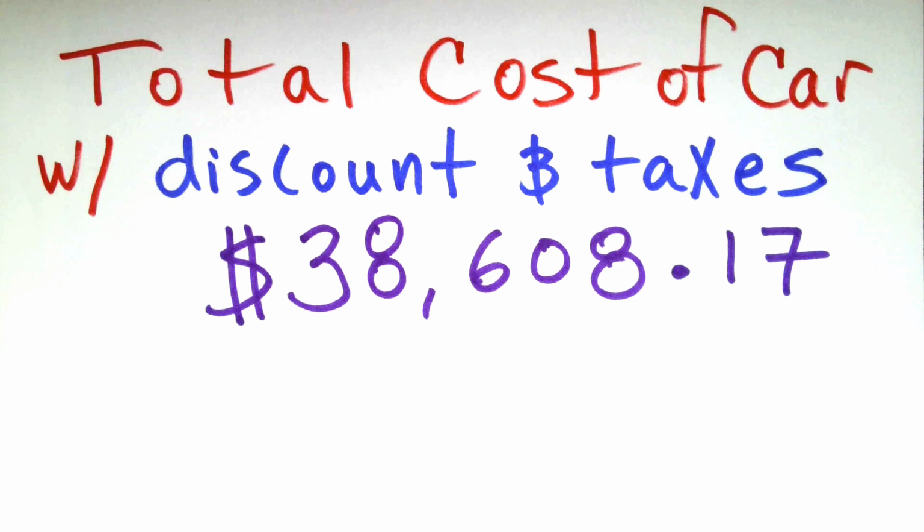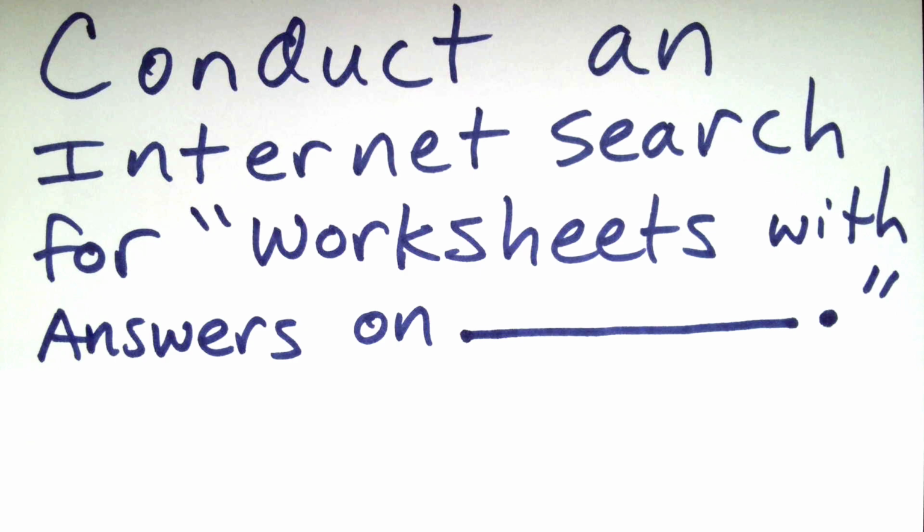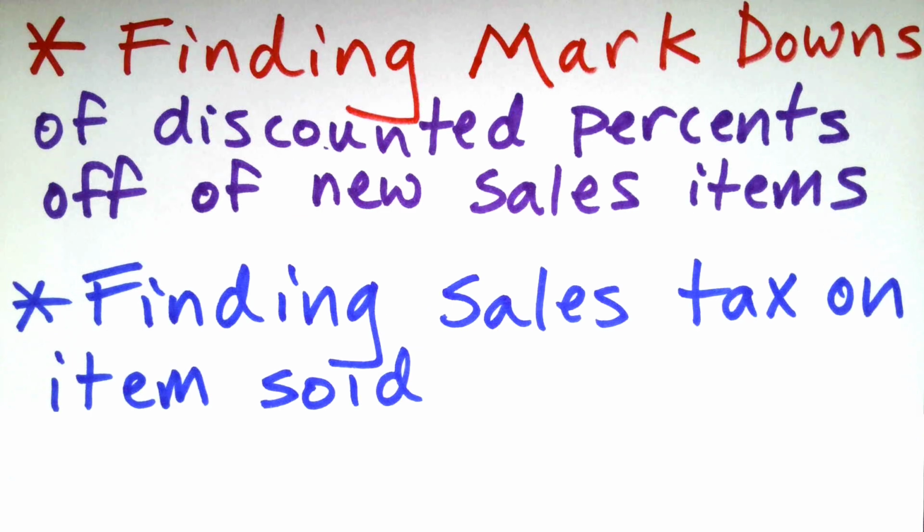Let me help you in conducting an internet search for worksheets with answers so you can practice this new skill and get better and better. Never be taken advantage of by a sales representative ever again. All right, so you want to conduct an internet search for worksheets with answers on the following topics.